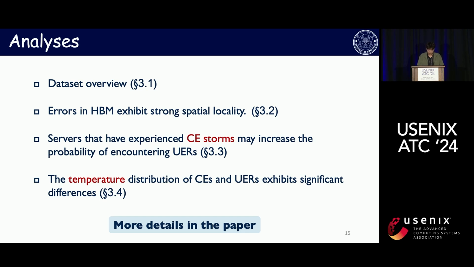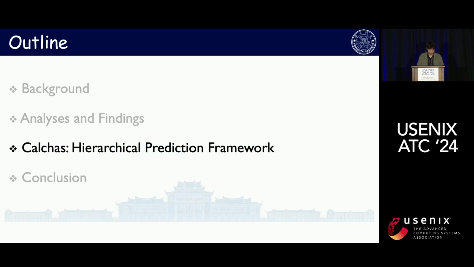Additionally, we investigate the impact of CE storms, observing that servers which had experienced CE storms are more likely to encounter UERs. Furthermore, we analyze the influence of temperature, finding that higher temperature correlates with an increased likelihood of UERs. For more detailed information on these findings, please refer to the paper.